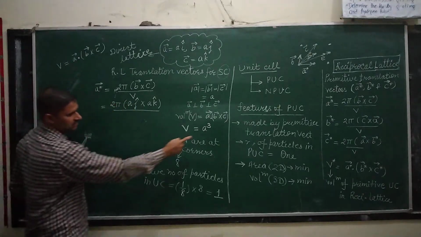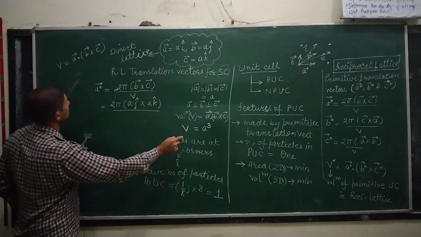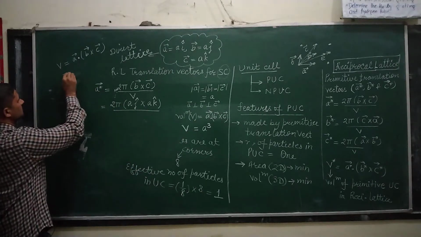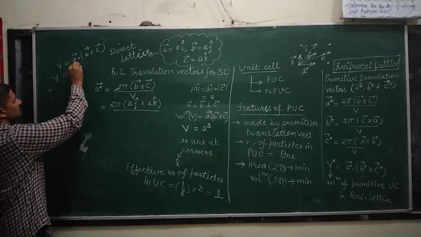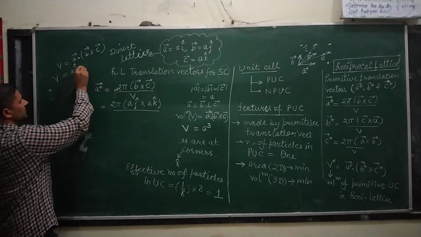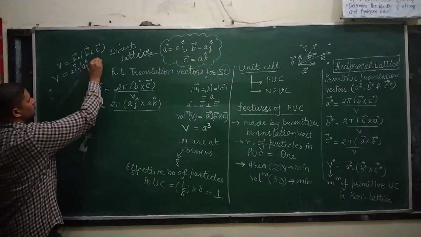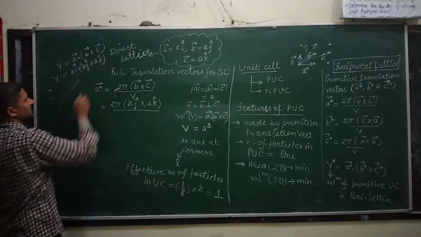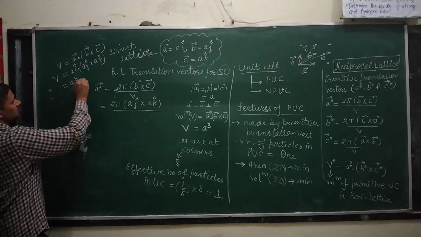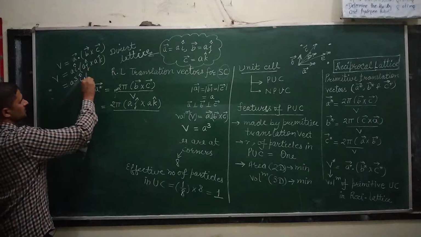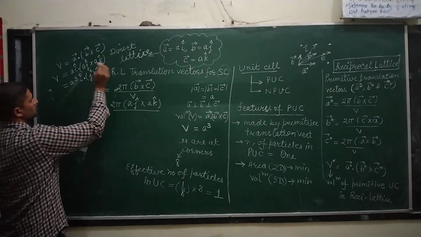And what is V? V is the volume. If you write it in extended form, it is vector A, dot with A into j cross A into k, and if you solve it then you will get a cube, then unit vector i into this cross unit vector k.